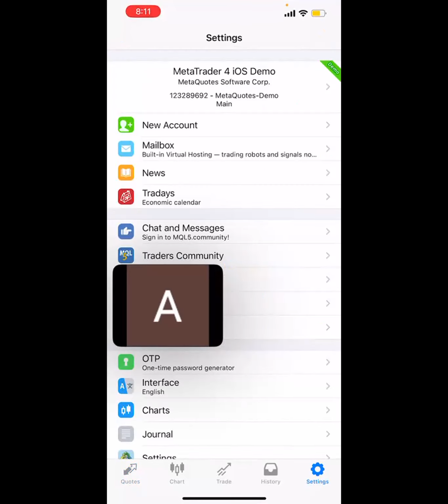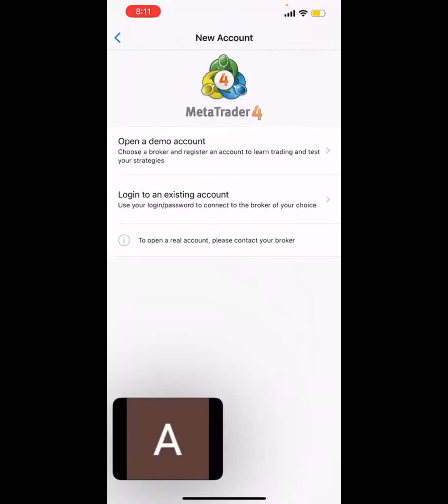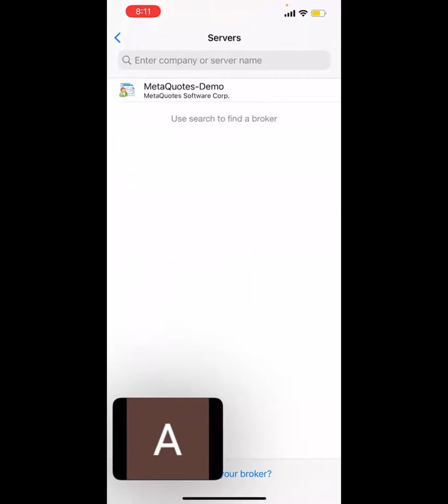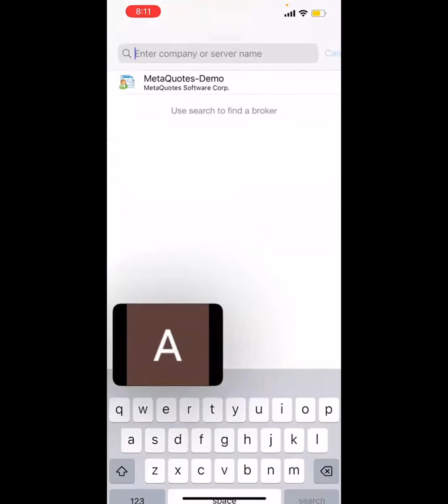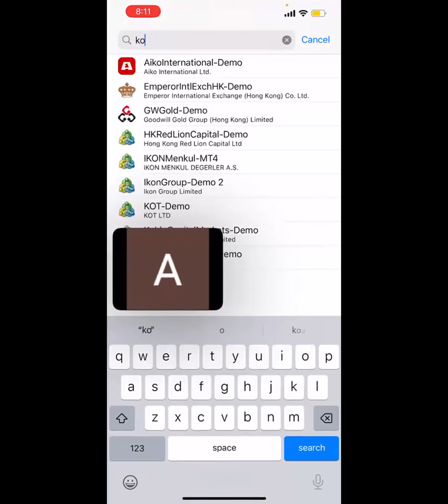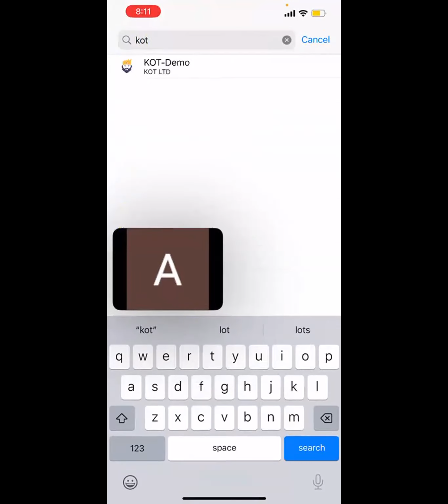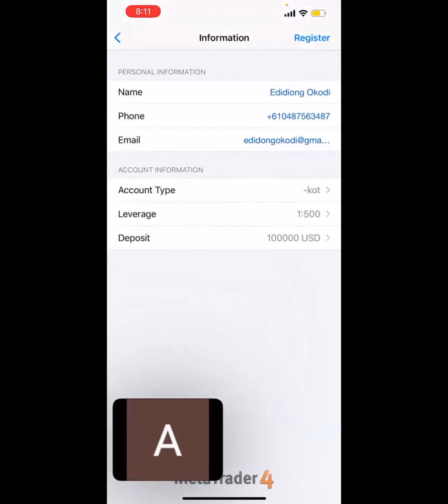So just click on new account, where they wrote new account, or open a demo account. Click on that, open a demo account. Type KOT in that. Click on KOT demo that popped up.